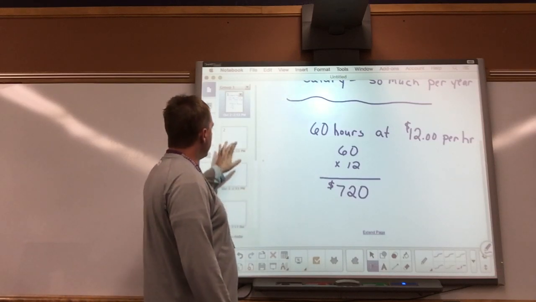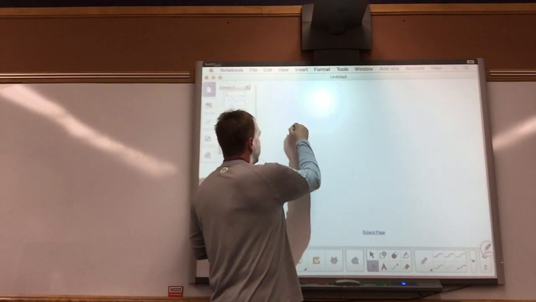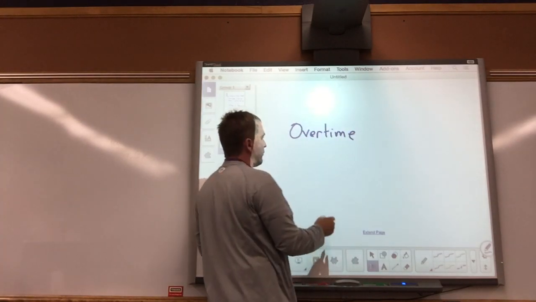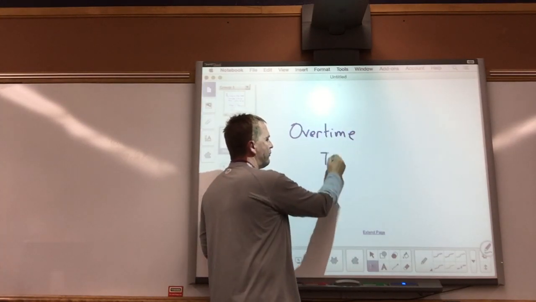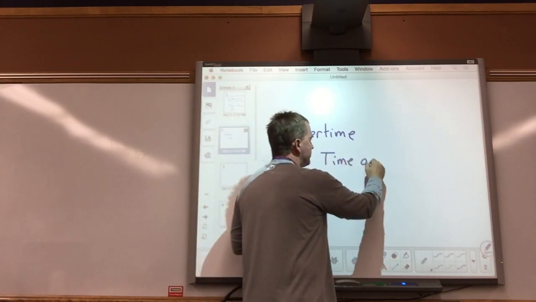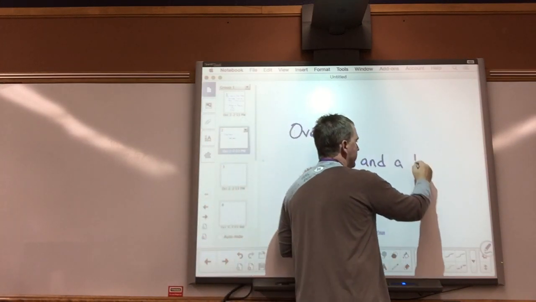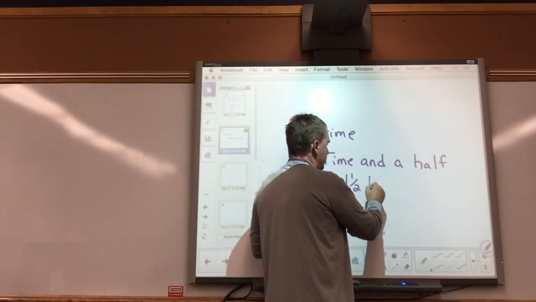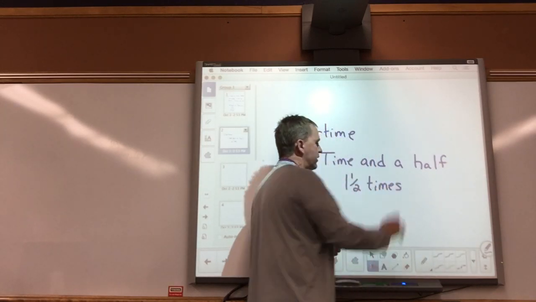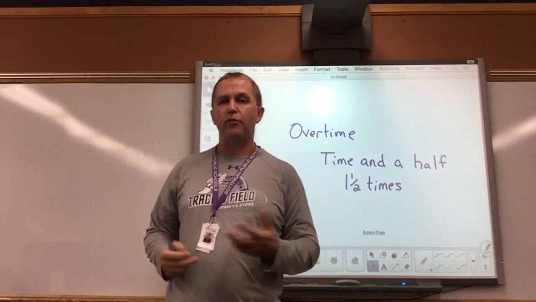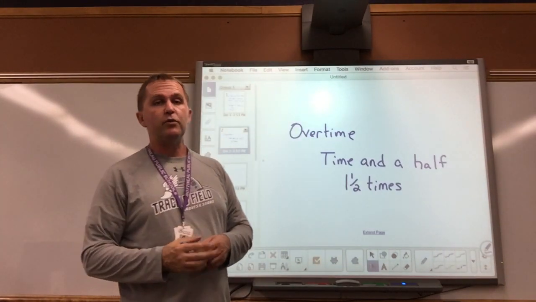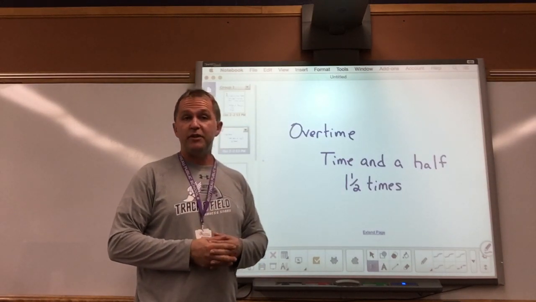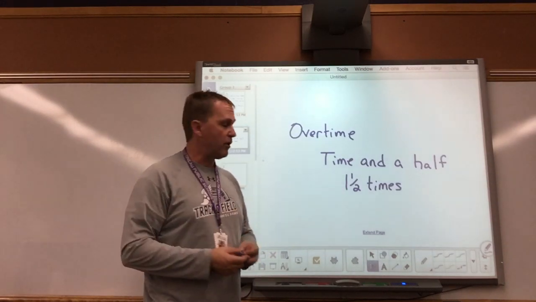I think as we work through this, though, the problem that's coming in is what happens when we get to overtime. And when we get to overtime, there's something called time and a half, or 1.5 times. And what that means is once you get beyond 40 hours in a week or 80 hours in a 2-week period, you're going to be paid what's called time and a half, which means you're going to get more per hour.